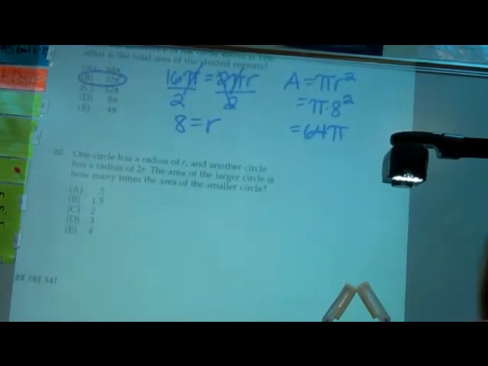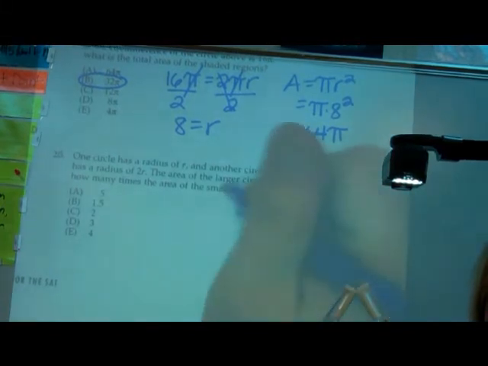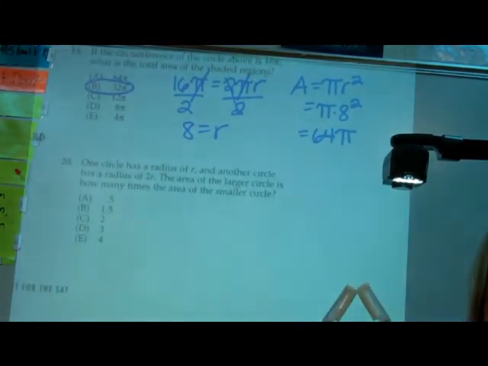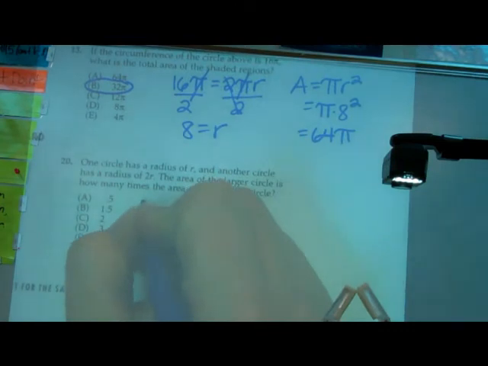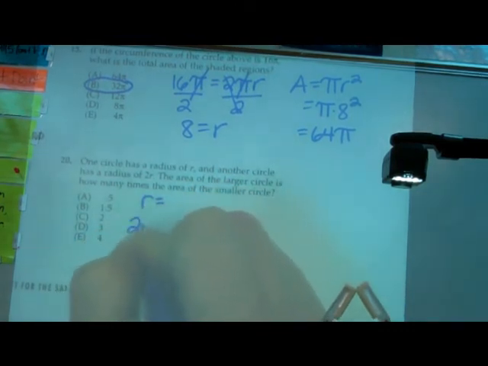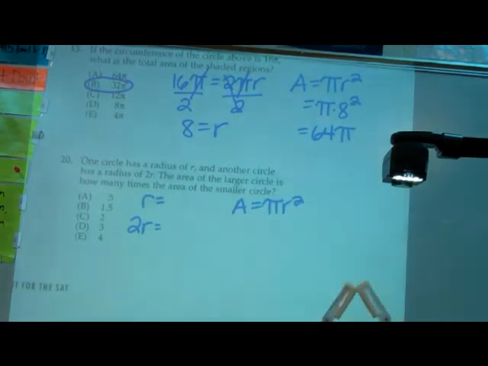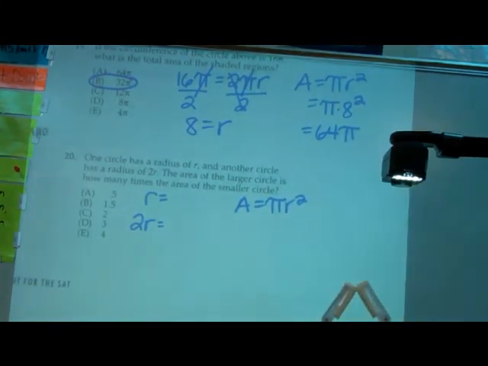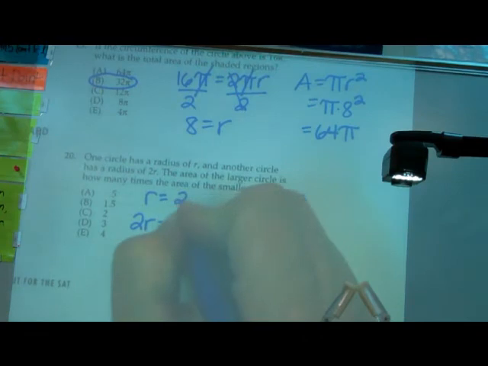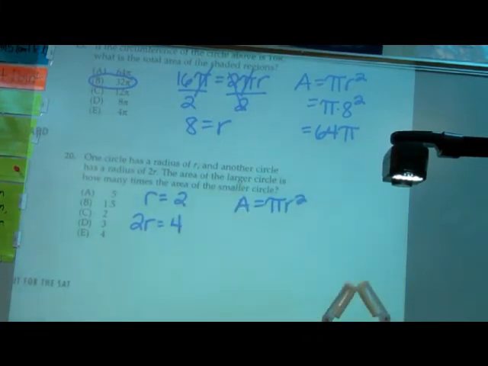Alright, one circle has a radius of r and another has a radius of 2r. The area of the larger circle is how many times the area of the smaller circle? I would just make something up for these, and then figure out what the area would be for each of those. So let's say I make the smaller circle have a radius of 2 and the larger one have a radius of 4.